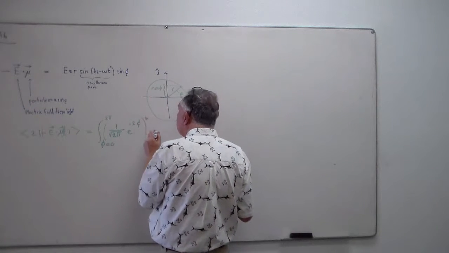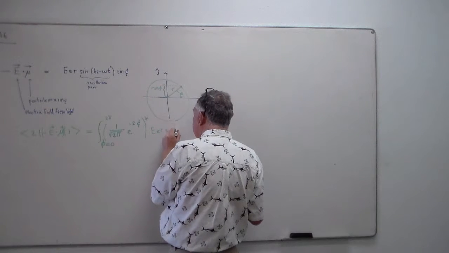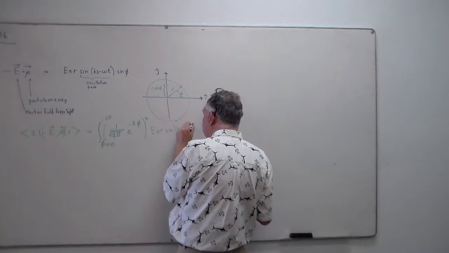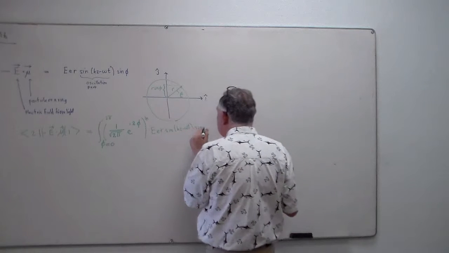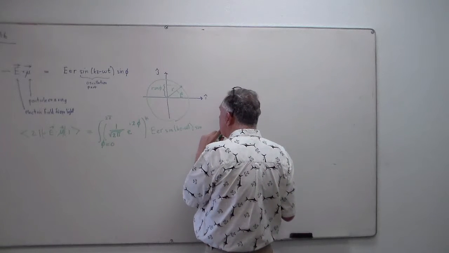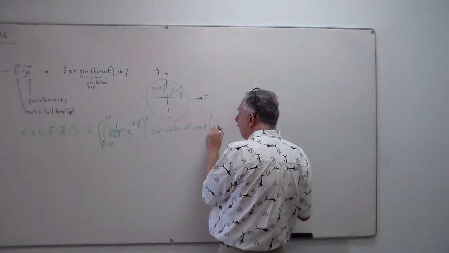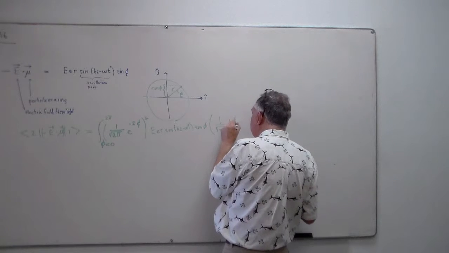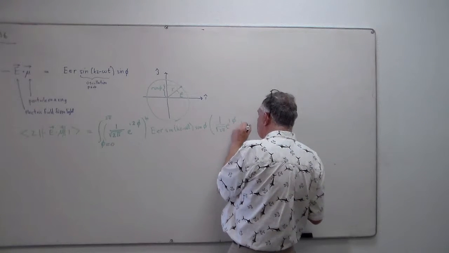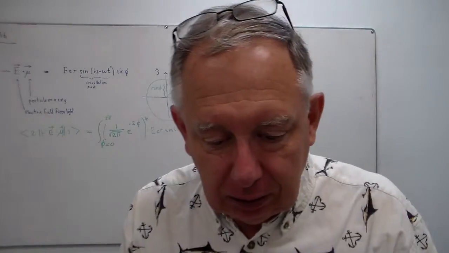That's starred. Then we put big E, little e, r, sine kz minus omega t, and this is sine of phi, and then 1 over the square root of 2 pi, e to the I phi, d phi. Okay.